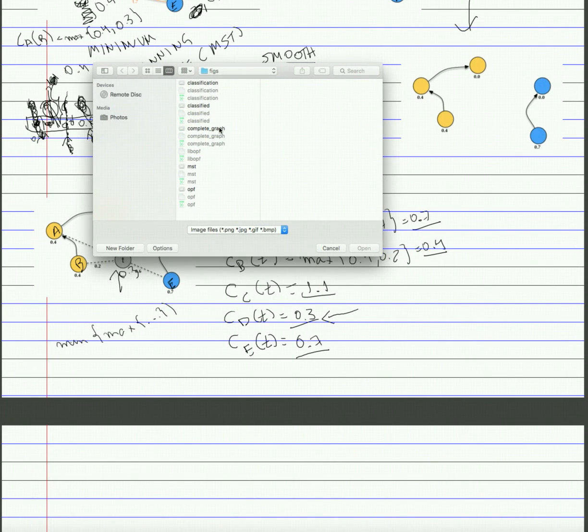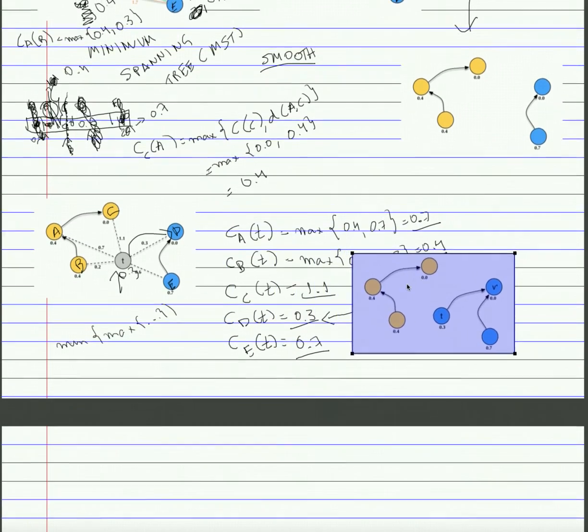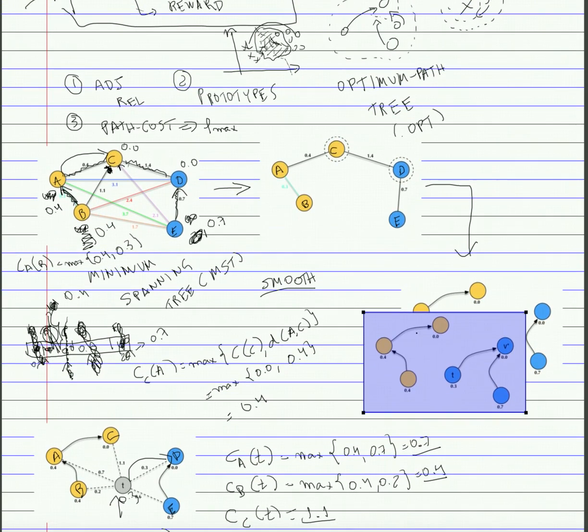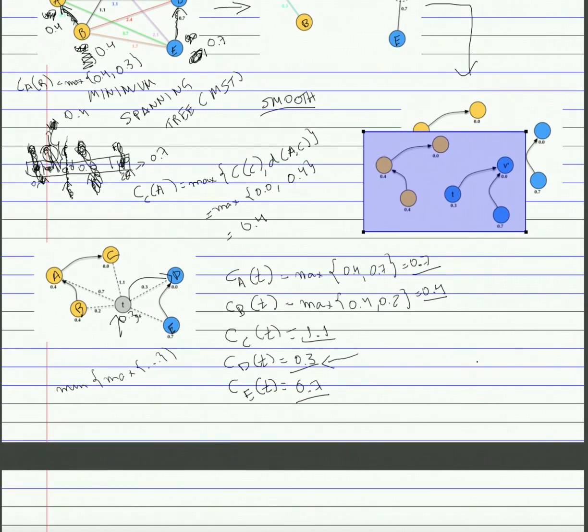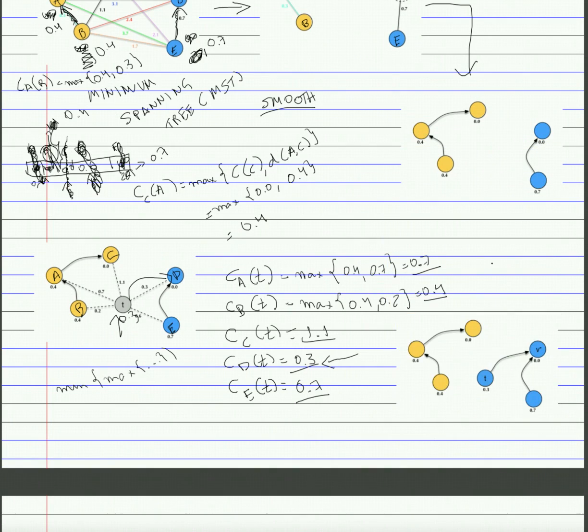We're going to just pick a figure here that shows the final classification step. Okay, so I'm going to just put this guy over here, and then we have sample T labeled with the blue class.